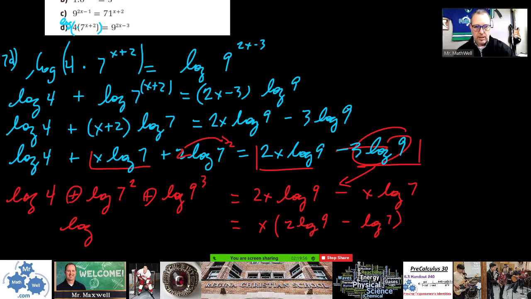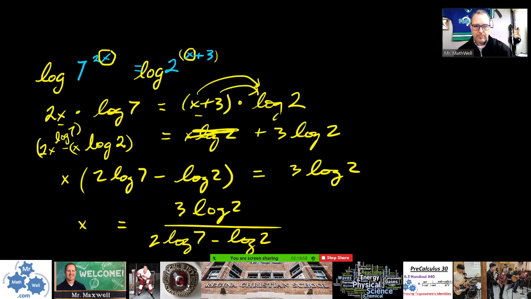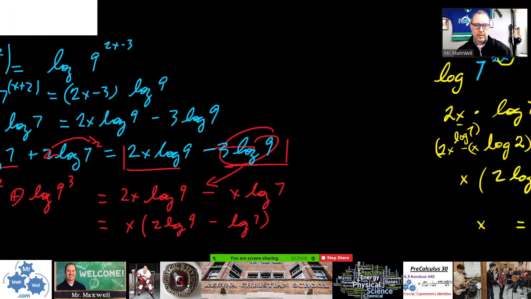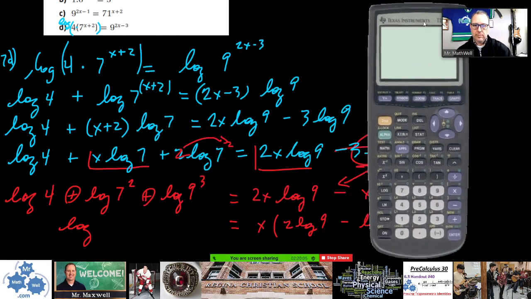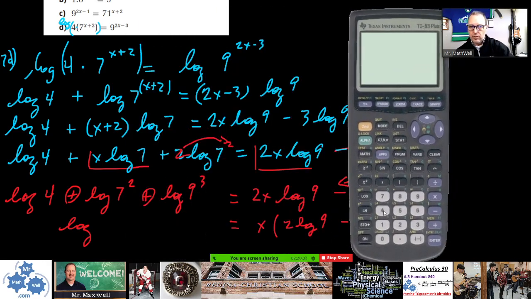So let's see, where are we? Let's get our calculator out. Come on, calculator. There we go. So 4 times 49 times 9 to the power of 3, which I'm pretty sure is 243.